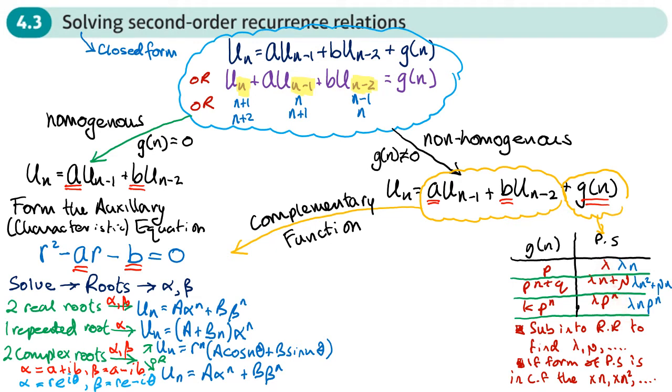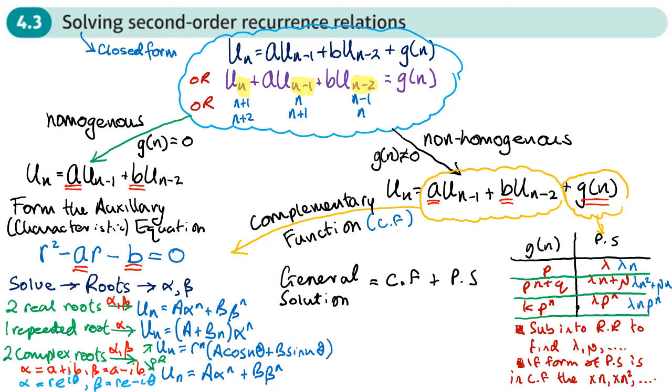So what we'll have is our complementary function, let's just call that CF, and our particular solution, which we've called PS. So our general solution is equal to the complementary function, which we've found using this method, plus the particular solution, which we found using this method. That'll give us a general solution.